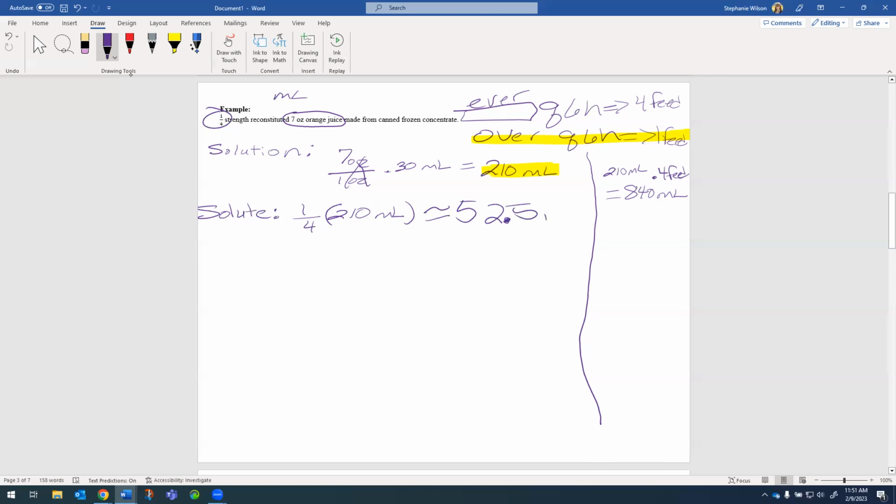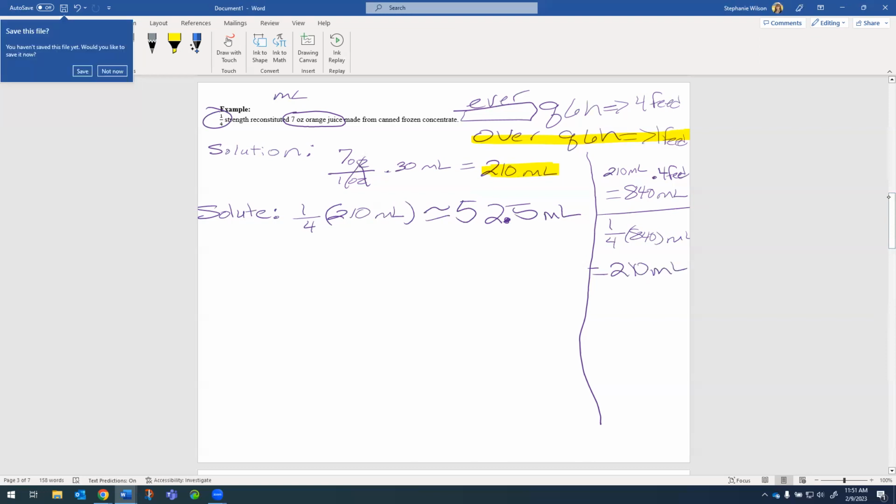So when I go get the concentrated orange juice from the freezer, I want 52.5 milliliters because I want it that strong. And I'm about to tell you how much water we're going to add. Now, if it's 4 feedings, that's different. We're going to take that 1/4 times the 840. So we have 1 times 840 divided by 4. That gives me 210 milliliters for my solute.